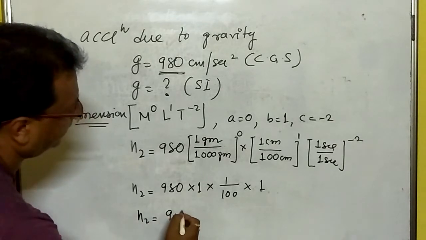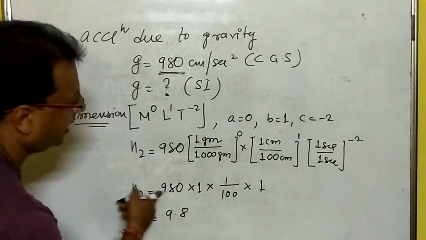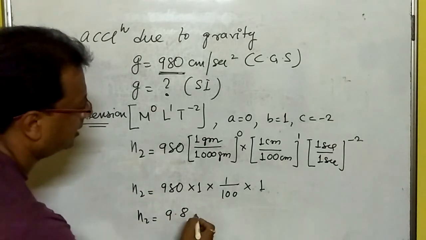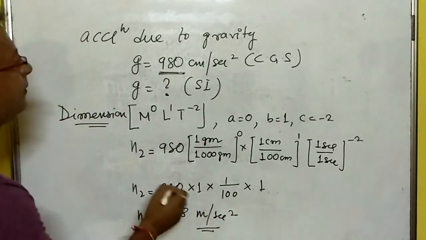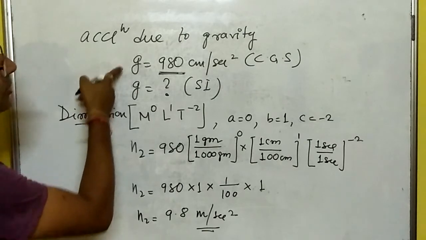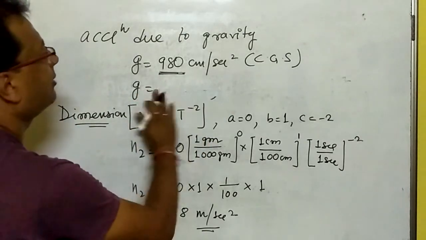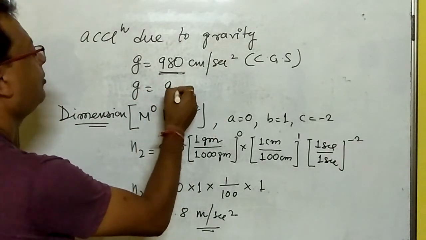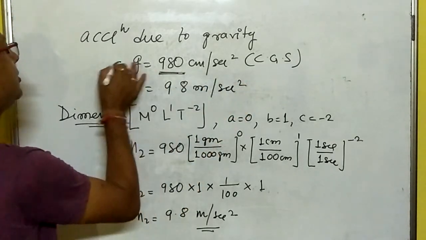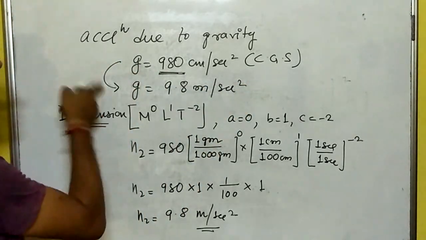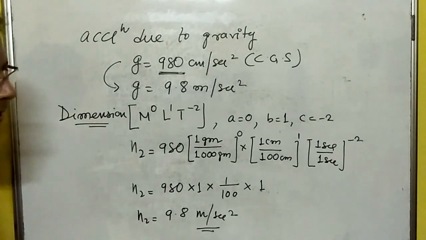It is 9.8, because 980 by 100 is 9.8. And the unit is meters per second square. This is how we convert from CGS to SI. So the value in SI will be around 9.8 meters per second square. Now let's take another example.